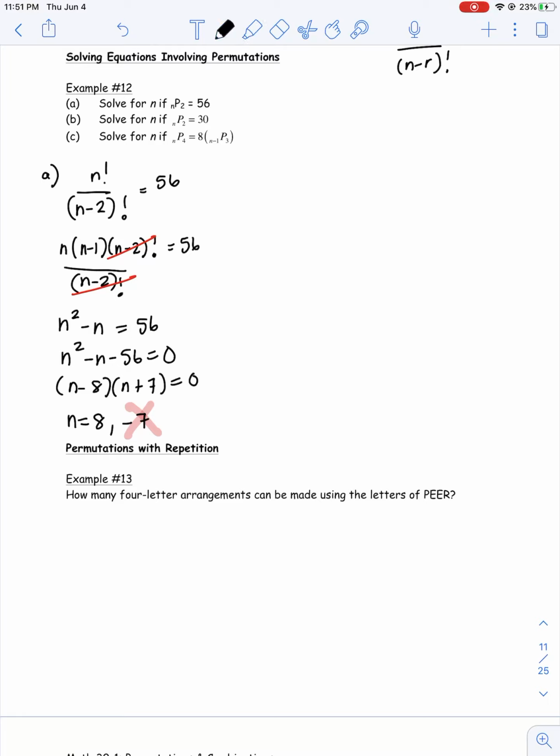It does not work. B, same idea, but now we just have 30. So we're using the exact same steps on the left, but instead of 56, put a 30.